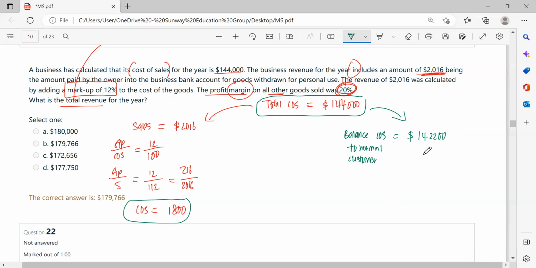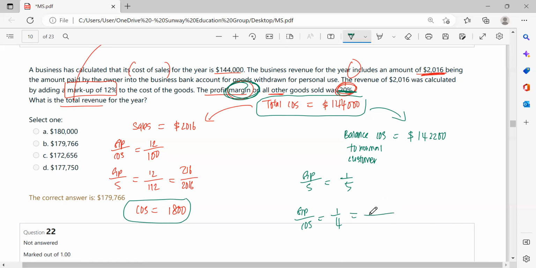Then from here, I need to find how much is the sales. I'm going to use margin, because for normal customers they told us the margin is 20%. So gross profit over sales is 20%, which is 1 over 5. But I do not know gross profit, and I do not know sales, so I have to convert them into markup first, which is 1 over 4.